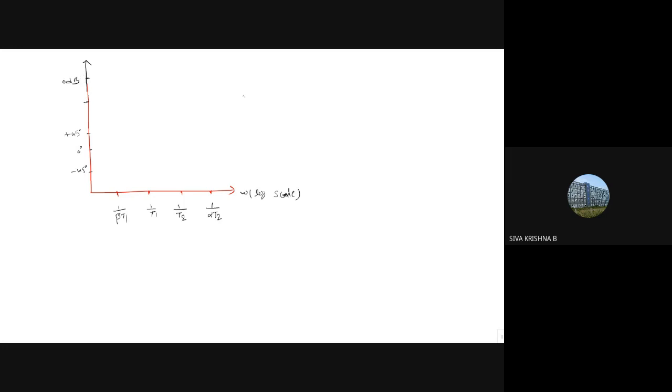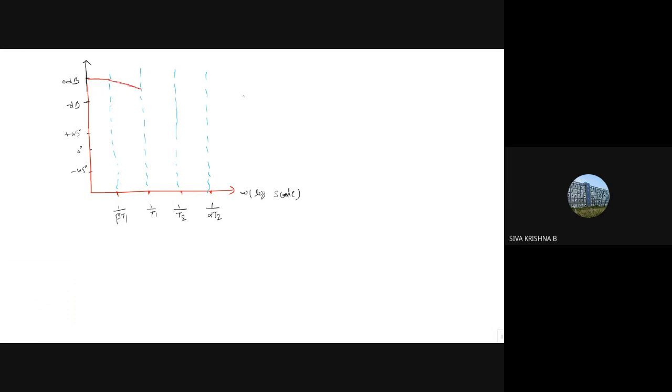So it is a negative dB. Here, up to the given W it is 0, and after that it is decreasing with negative slope.